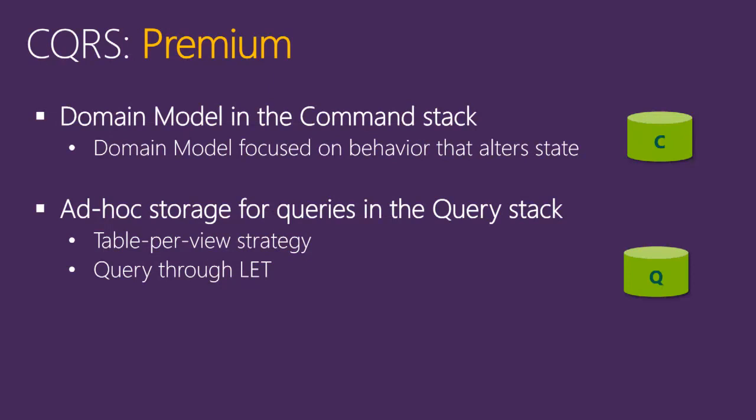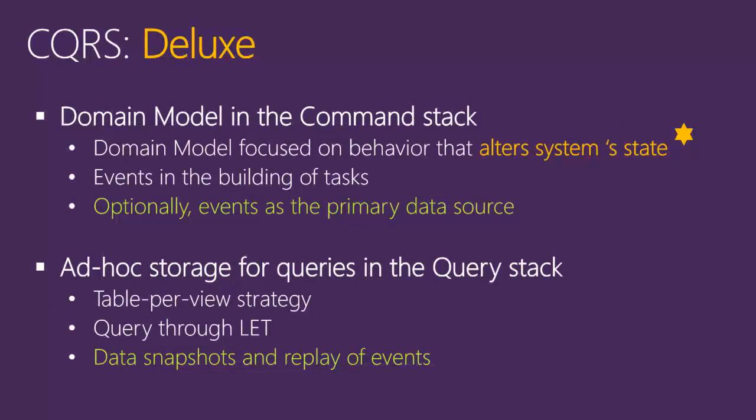Once your logic guarantees that the transformation, the creation, the synchronization between the C and Q databases has been done correctly, whatever you read from Q, whether it's a string, a number, or whatever, just exists for the sole purposes of the presentation layer. And on the presentation, you just display characters. You have no interest in knowing more about the actual types. Deluxe, domain model and command stack, just the same.